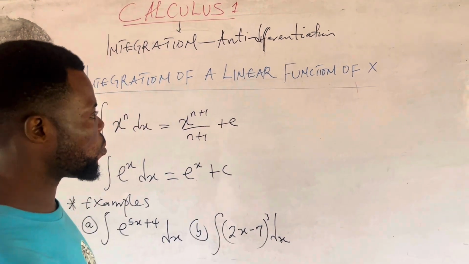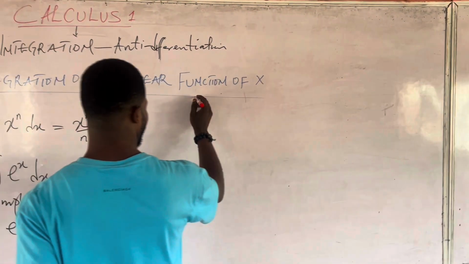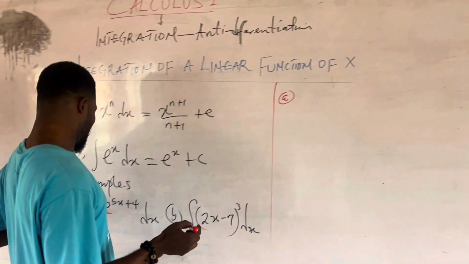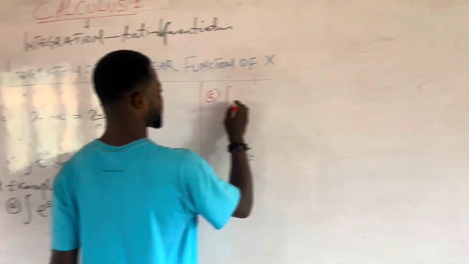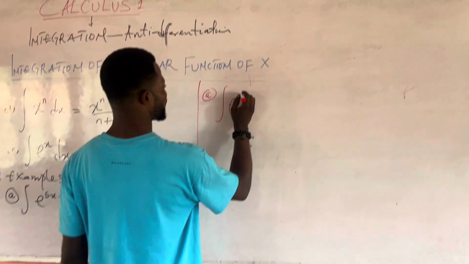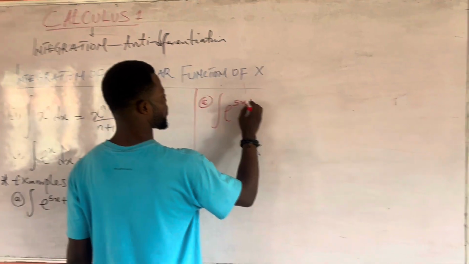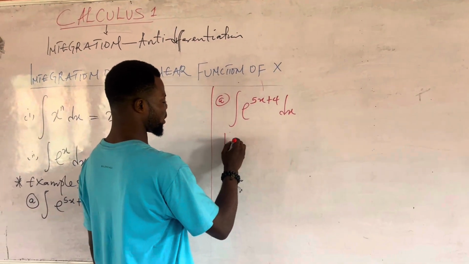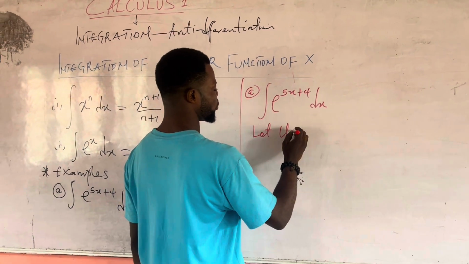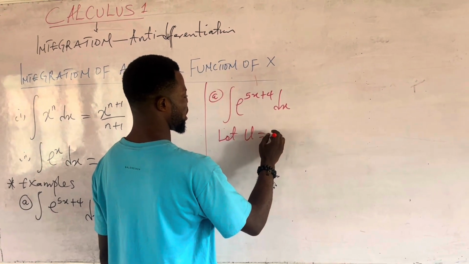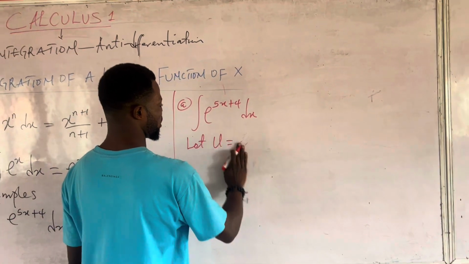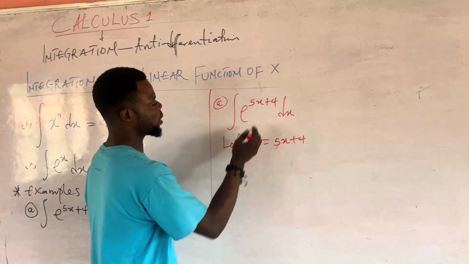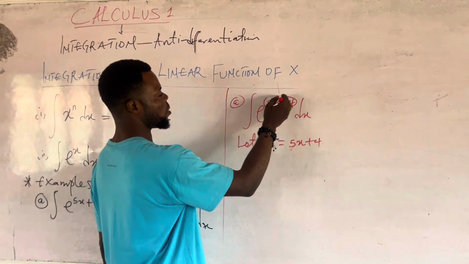And to do that, we have this. Like a, this is our a here. We have the integral of exponential 5x plus 4 with respect to x. So we can say let our u be equal to 5x plus 4, that is this upper value.